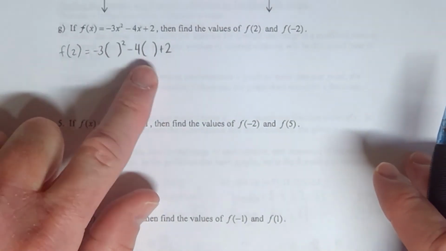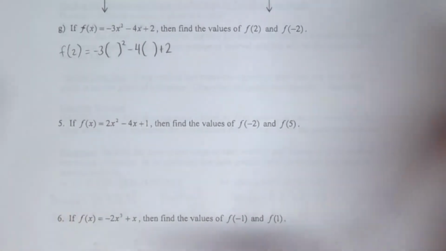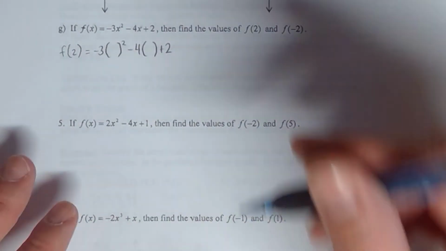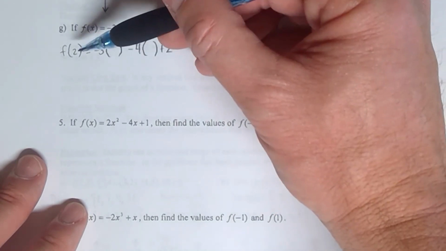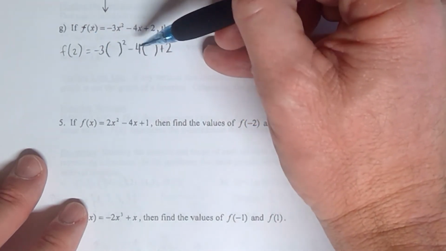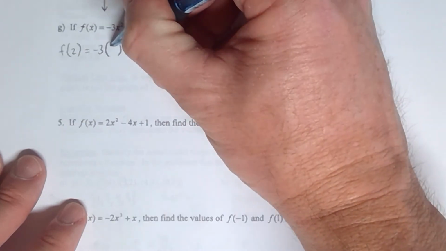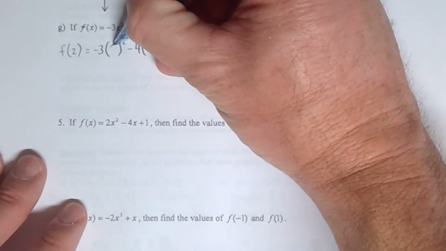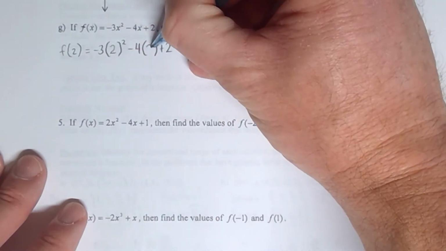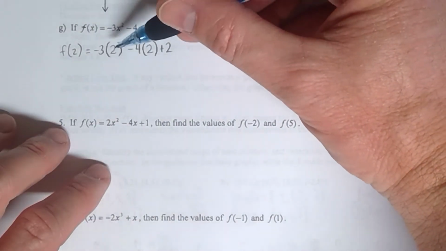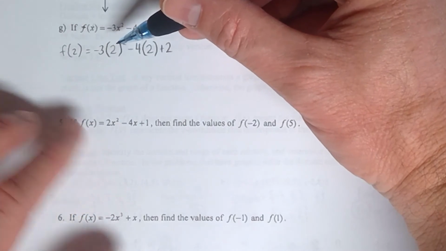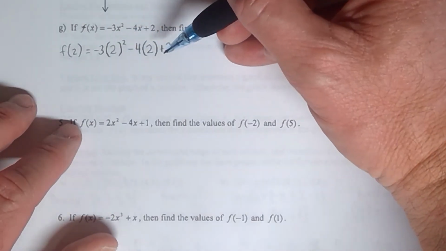That's why I said that parentheses have to be empty. Once you do that, then you put the 2 in there. Or if there had been a 5 inside this bracket, you put the 5 in there. Okay. Again, whatever goes inside that bracket goes wherever the x's used to be over here on the other side of the equal sign. So the x's get replaced by the empty parentheses. Then you put the appropriate number in there.